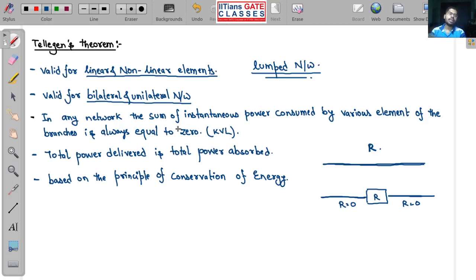So power delivered will be the power absorbed in a loop of a network. Total power delivered by the sources will be equal to the total power absorbed by the absorbing sources as well as the absorbing elements like R, L and C. This is basically Tellegen's theorem.